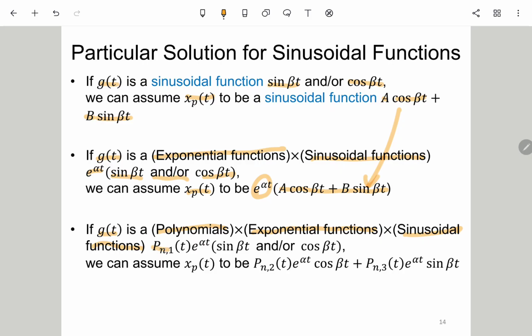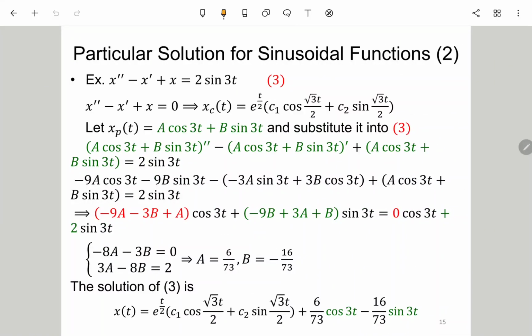For the particular solution, you also assume it to be the polynomial with the same order, the exponential with the same exponent, and also the sinusoidal, both cosine and sine, with the same frequency. This is the most general case, although usually it won't occur.